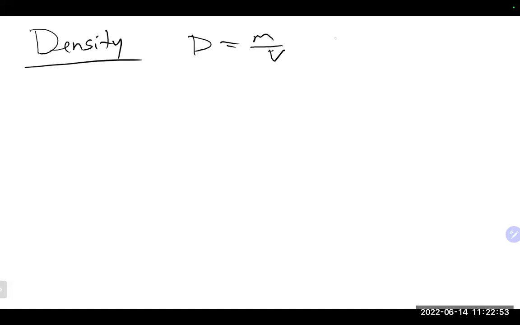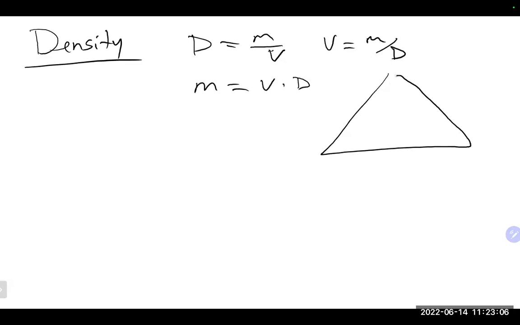We can solve for volume: it would be the mass divided by the density. We also could solve for the mass, which would be the volume times the density. Sometimes people like the DMV triangle to remember this. Everybody loves the DMV. Density is mass divided by volume. Volume is mass divided by density, and mass is volume times density.